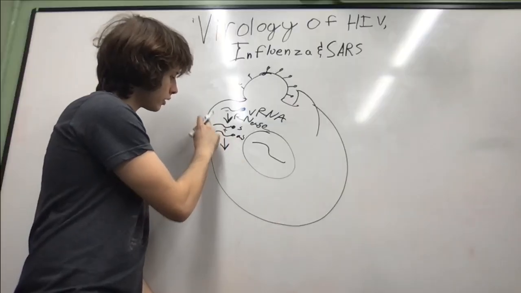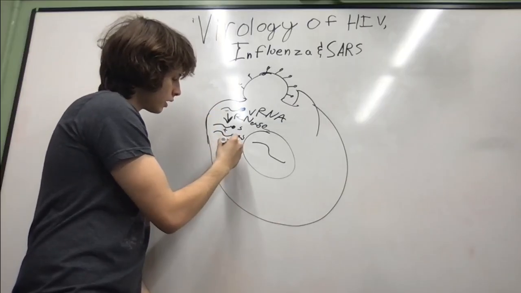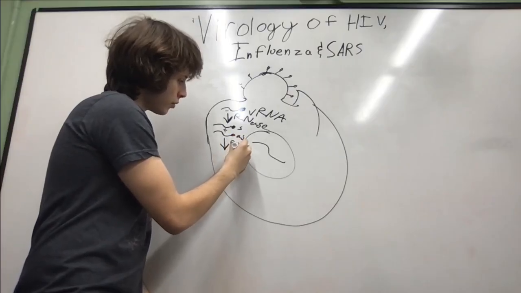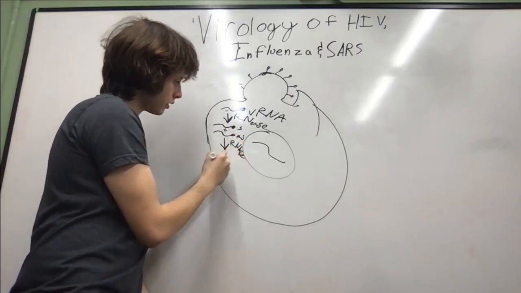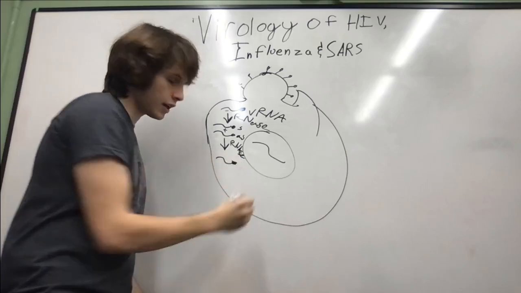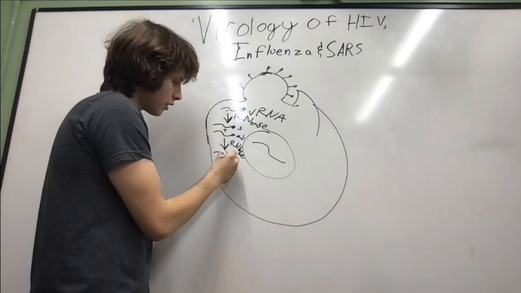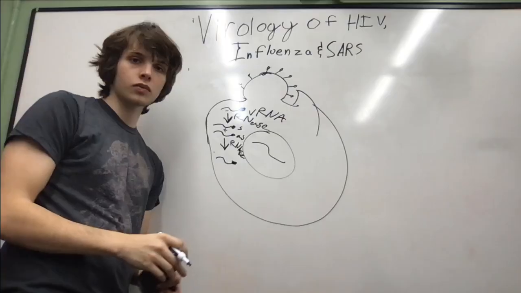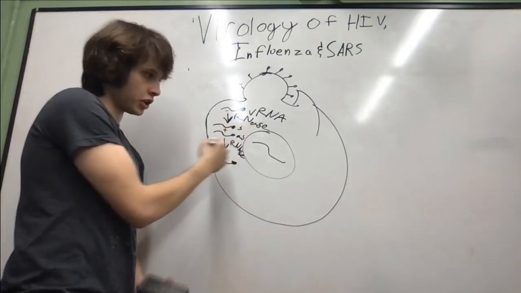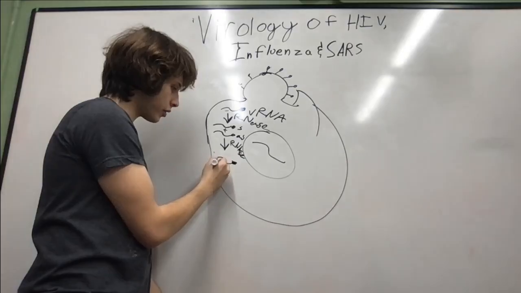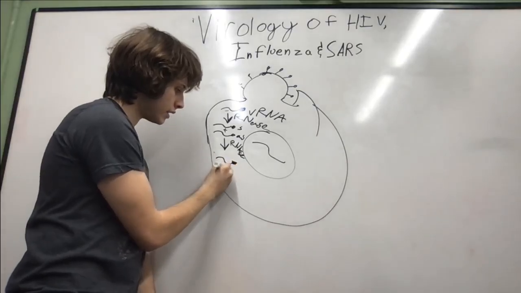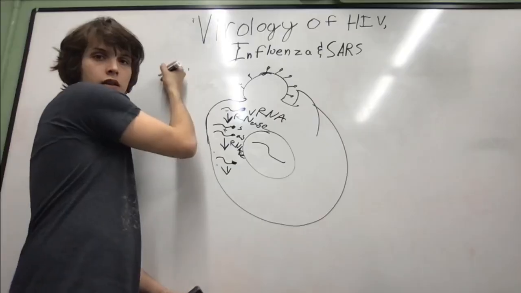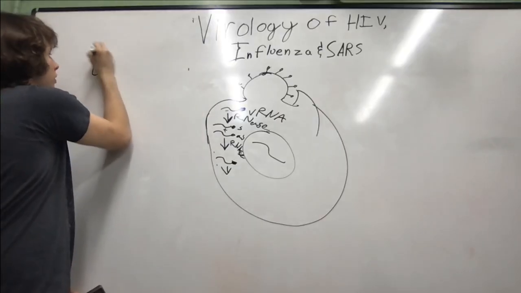This is converted into a homogeneous antisense DNA, because RNase also digests RNA. After that, we can have DNA-dependent DNA polymerase. I'm going to write it here.